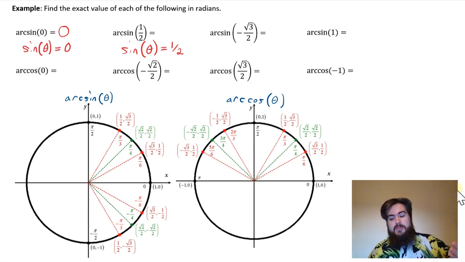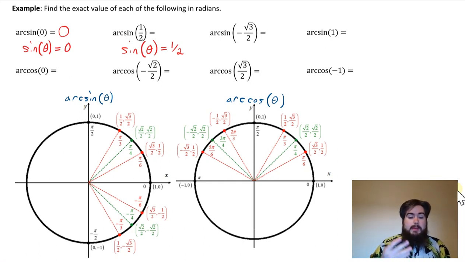The way that I recommend thinking about this is, first, look at the value inside of your inverse function. If it's a positive value, you're going to get something in quadrant 1. If it's negative, for arc sine, we're going to get something in quadrant 4, more specifically between negative pi halves and 0.